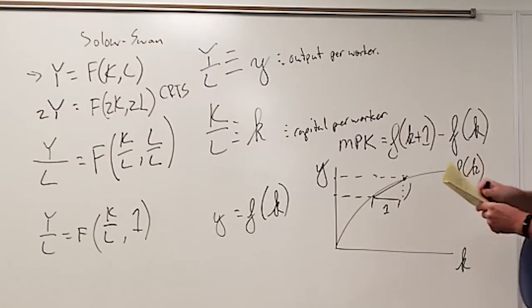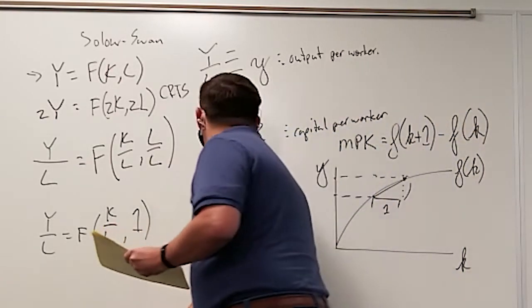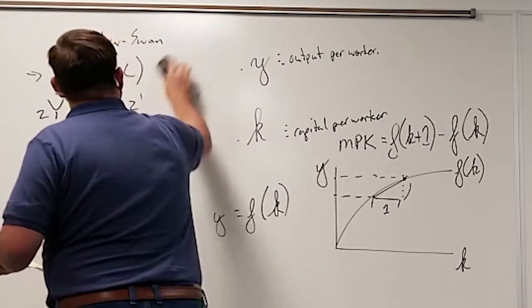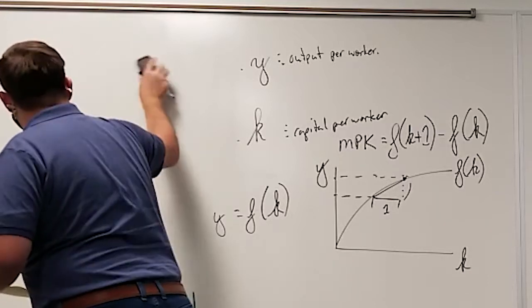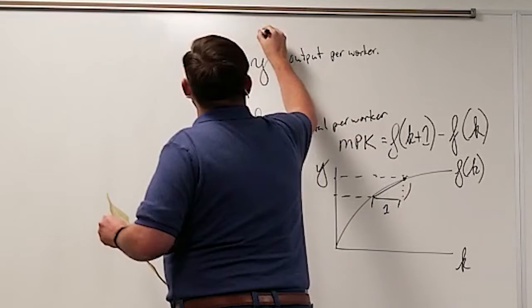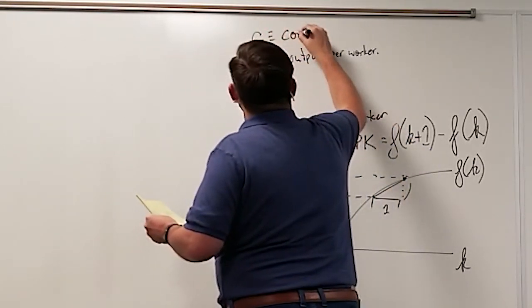Okay, so we're going to remember that little y is output per worker, and little k is the capital per worker. We're going to add some more definitions. We're going to say that little c is consumption per worker.